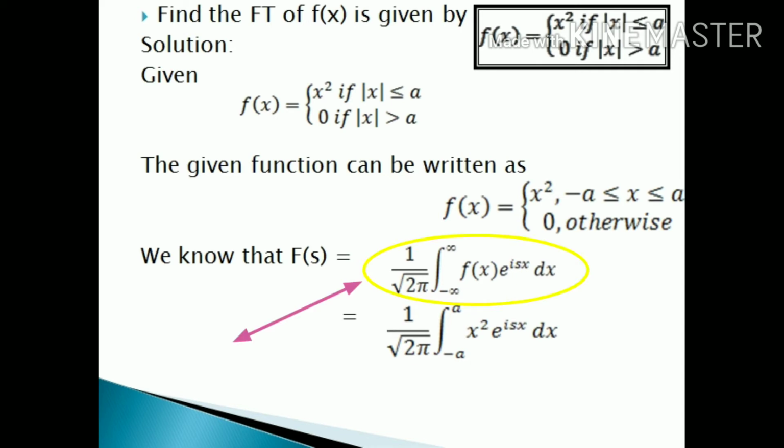Because the range −∞ to ∞ can be written as the integral from −∞ to −a, plus the integral from −a to a, plus the integral from a to ∞. In the range −a to a only, we have the function x squared. At all other places the function is nothing but 0. That's why we simply wrote 1/√(2π) ∫ from −a to a of x squared e^(isx) dx.